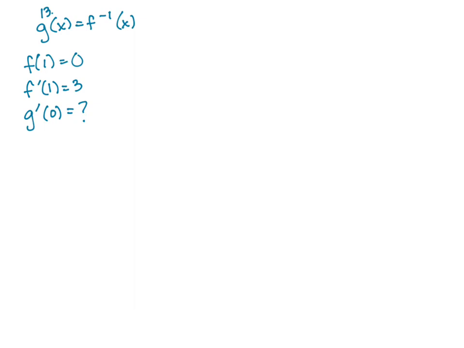So now I know g is the inverse of f, which means g prime of x is f inverse of x primed, right? Except this thing is nasty. We don't operate with that. Instead, we have a formula for it.